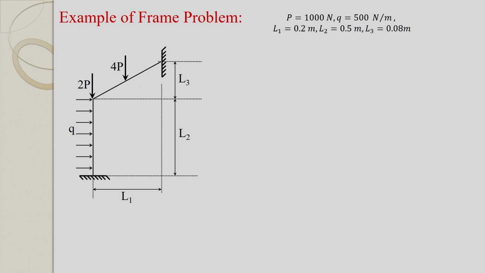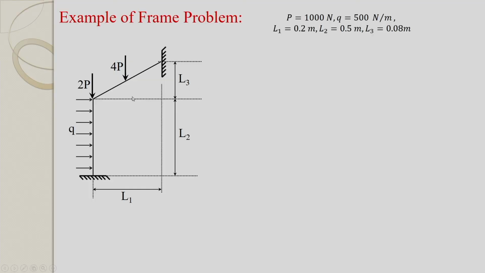We can discretize the domain in the following way. As there is point load at this point and this point, we have to consider two nodes at these 2 points.